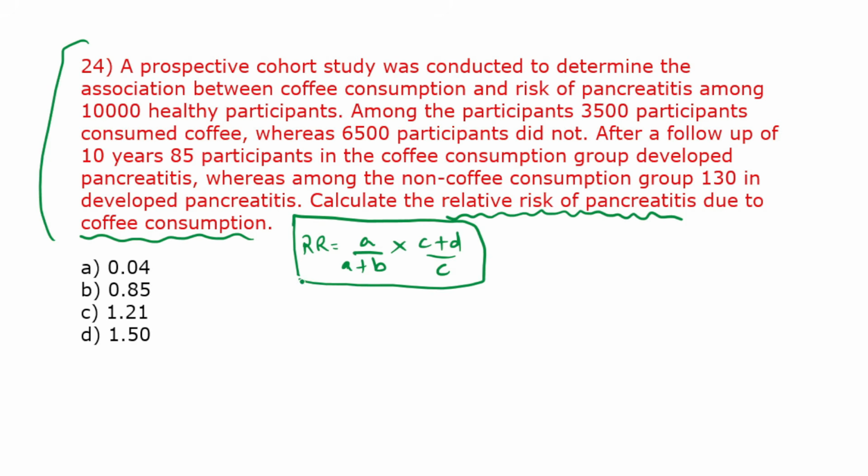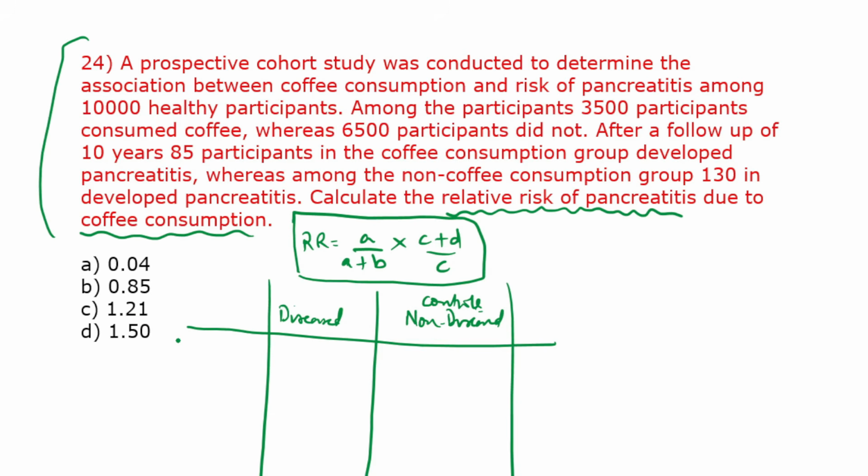Let us see. We will write diseased, and then you have the non-diseased. Non-diseased are nothing but the controls. Then you have the exposed, exposed to coffee, that is coffee consumption, and then you have unexposed to coffee.